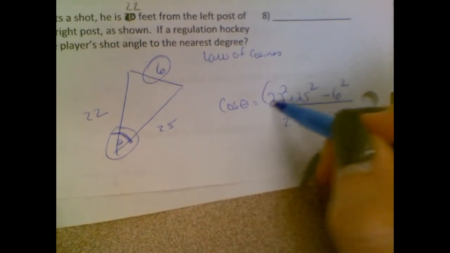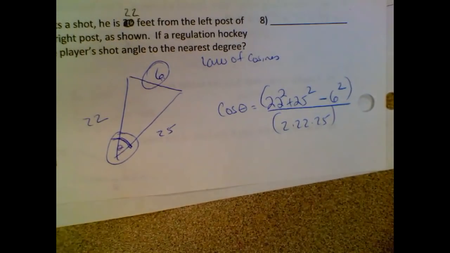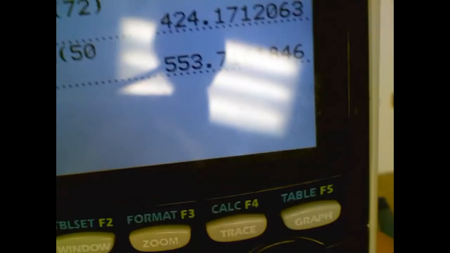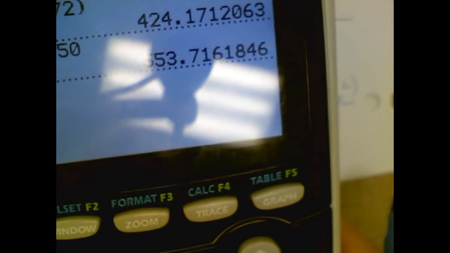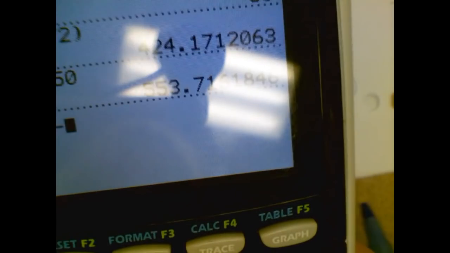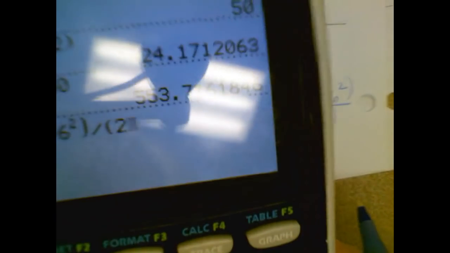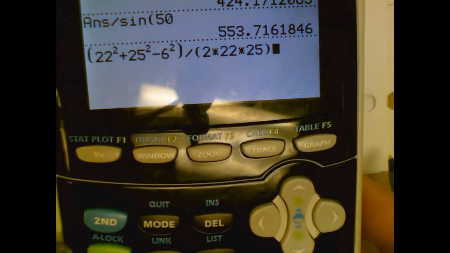So when you put these in the calculator, don't forget your parentheses. So it looks like that. You guys have your parentheses, press equals.